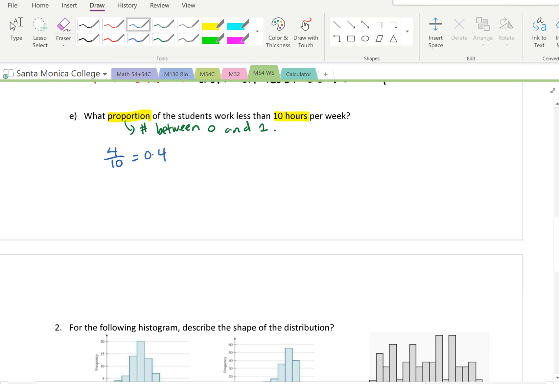Okay, now I'm going to answer the question. I'm looking for the proportion. A proportion in this class, everything is a decimal. So I would say the proportion of students who work less than 10 hours is 0.4.